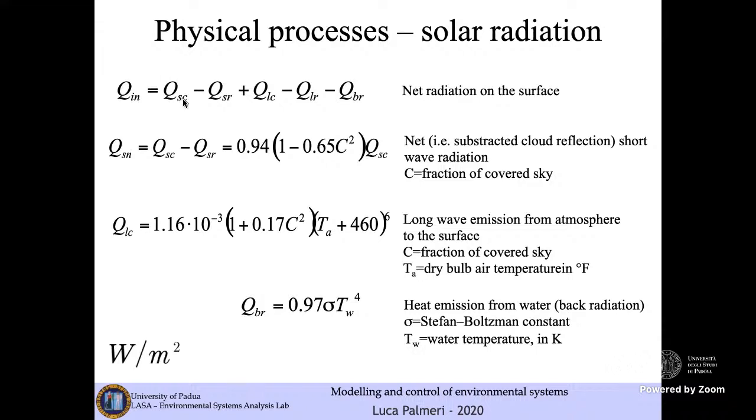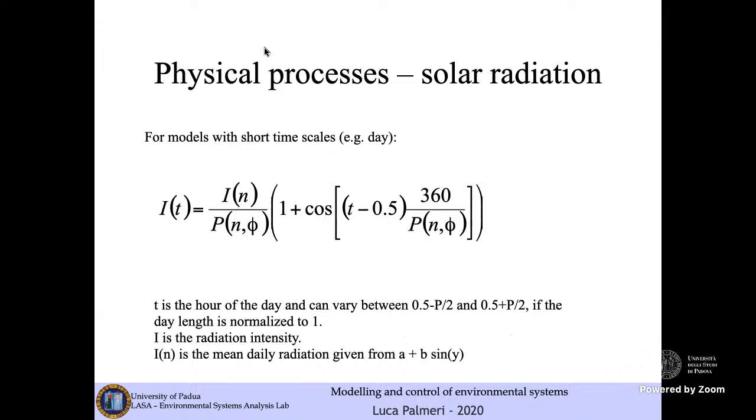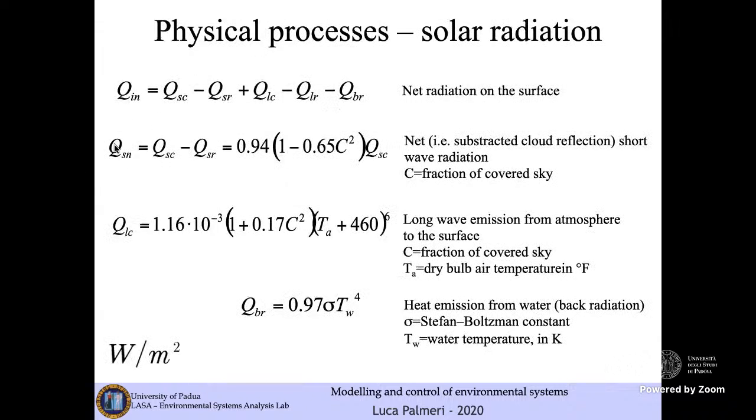The net radiation on the surface is made up of the short wave radiation minus the reflected short wave radiation plus the long wave terms.